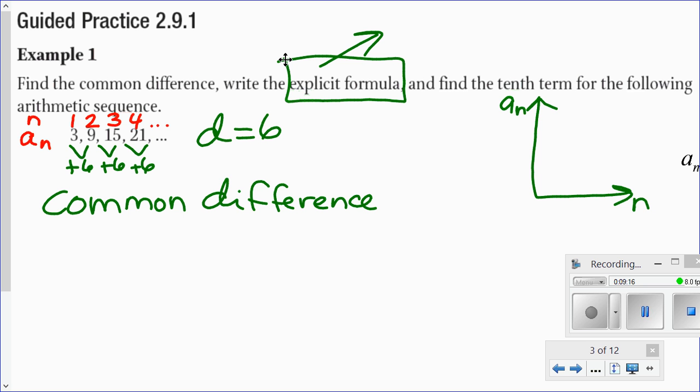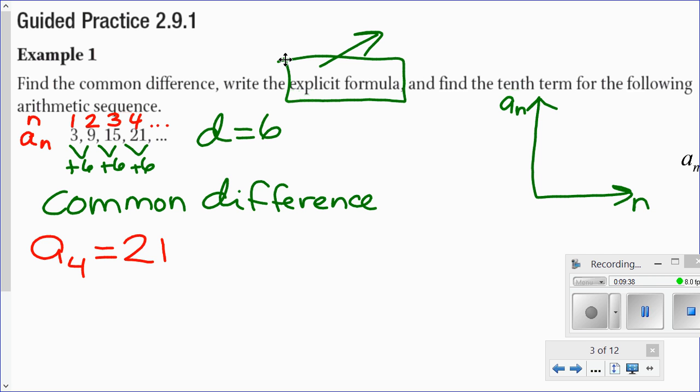That's the number. So in this particular case, if we wanted to find a sub 4, that means I go to where n is 4. 1, 2, 3, 4, up. A sub 4 is 21. So that's how we read that, okay?